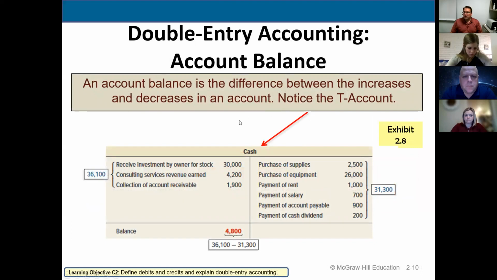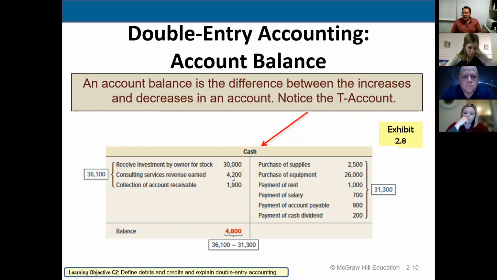So here's an example of what's called a T account. And this is how we can figure out the balance of an account. So it's set up this big T right here. And the left side is our debit and our right side is our credit. So this is the T account for the cash account.